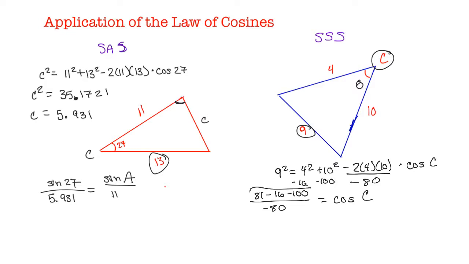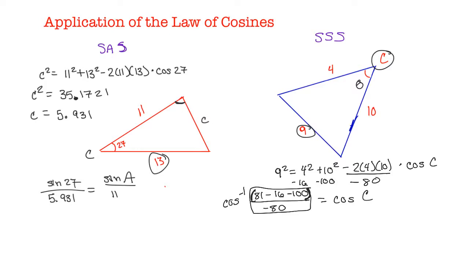So I'm going to go ahead and plug this into my calculator, and I'm going to take inverse cosine of that. So I'm going to do inverse cosine of 81 minus 16 minus 100 divided by negative 80. I need to make sure that I put this numerator in parentheses. So I do inverse cosine, which automatically opens up parentheses, and then I do parentheses again, and then do 81 minus 16 minus 100.